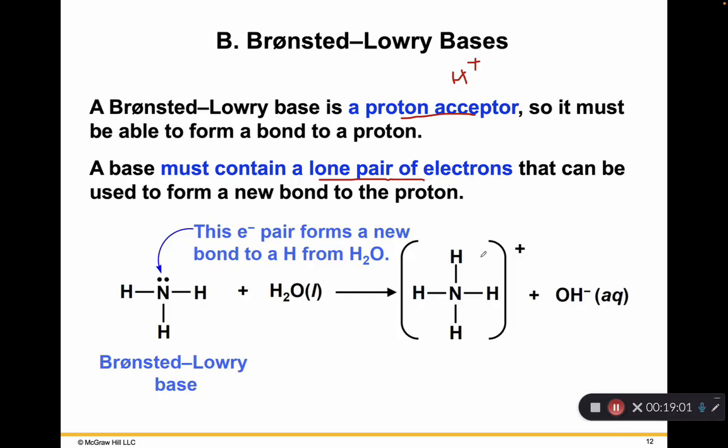Then they make the NH4 plus ion, and when water gives away the H plus, the leftover is OH minus, right? That OH minus is surrounded by other water molecules, so we have aqueous OH minus.